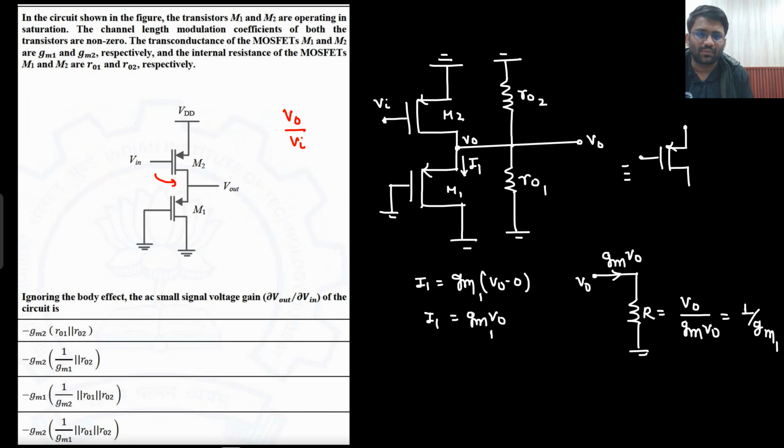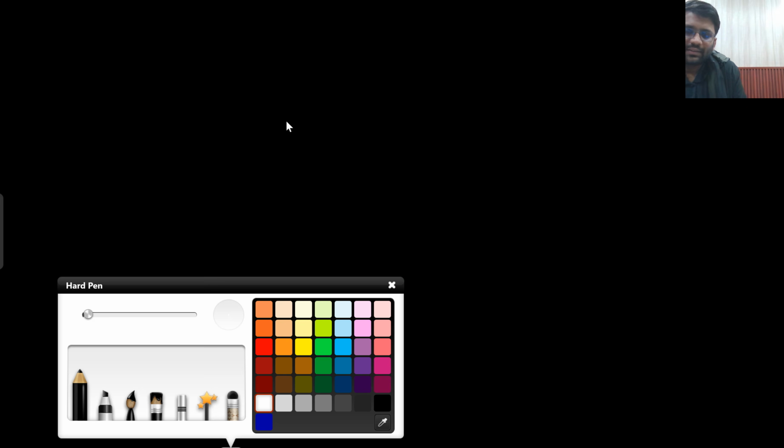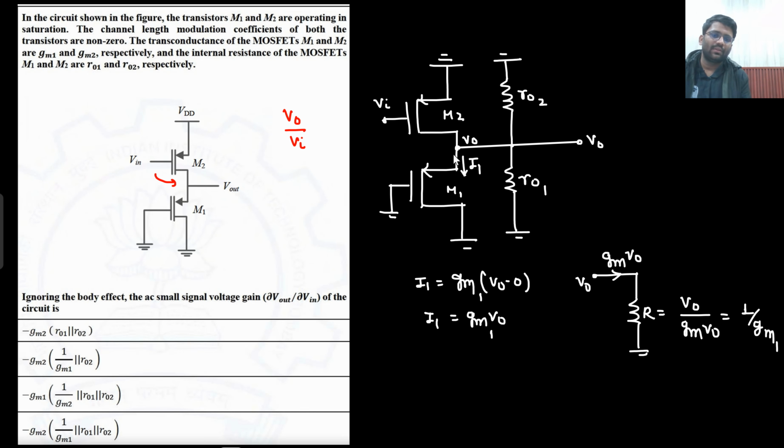So how have I reduced the circuitry? This M2 remains as it is. I cannot do anything about M2 as of now because M2 is connected with V in. Here it is connected to V0. This was grounded already, right? This is your M2, V in, grounded.